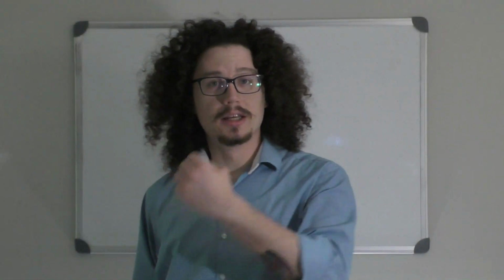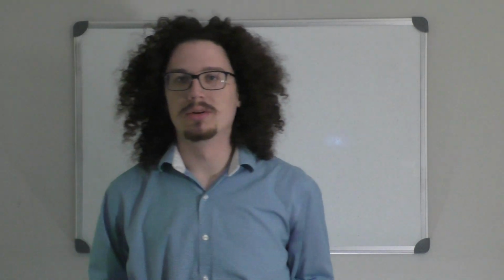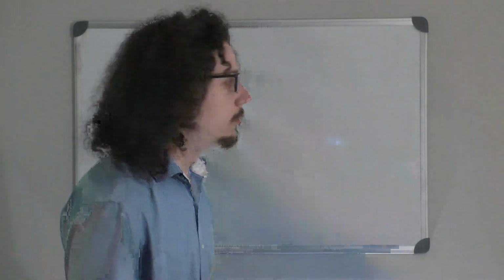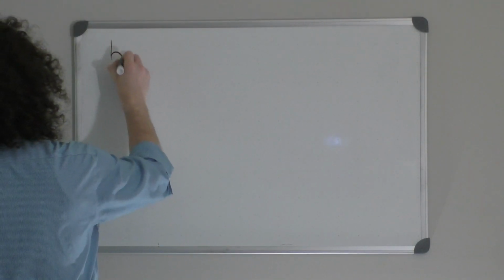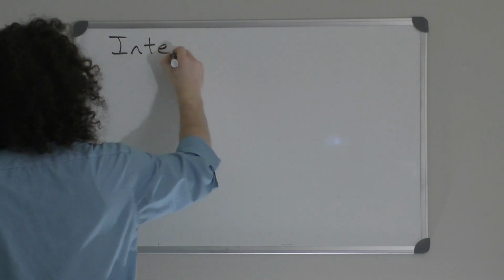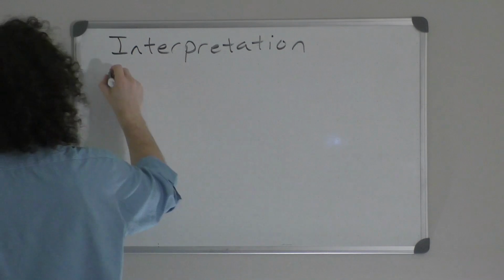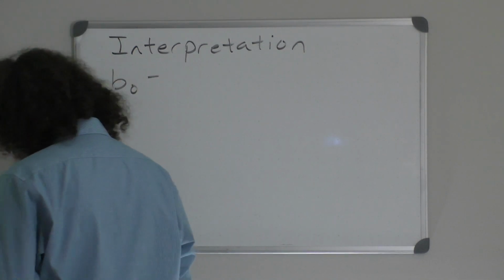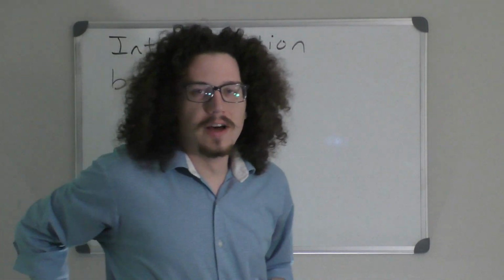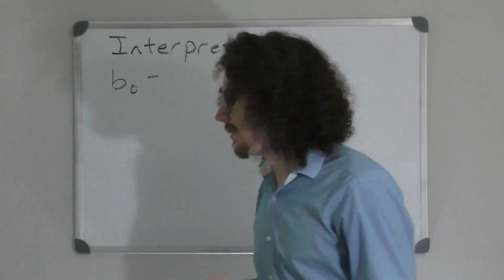So actually, I'm going to write that equation down again in just a second. Before we do that, let's talk about interpretation. That's why we're going to write that down later anyway, so we can actually interpret some of these. So to talk about how to evaluate b naught.